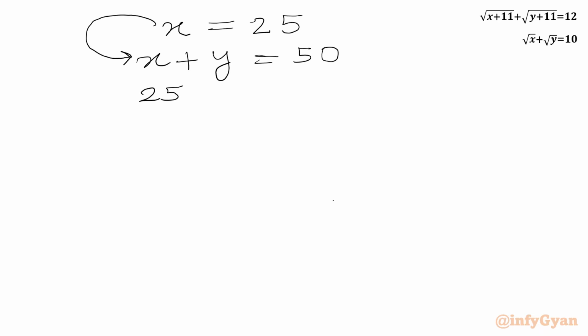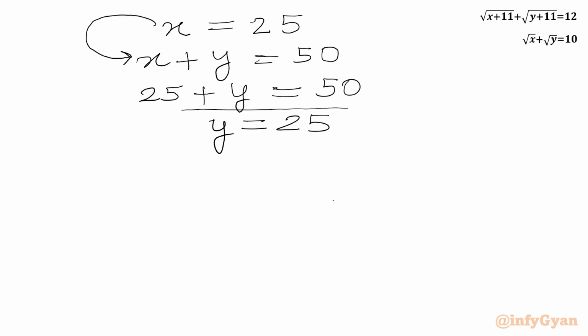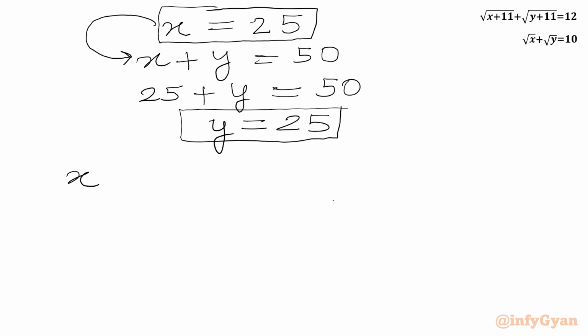So 25 plus y will be equal to 50. We will get our y value, 50 minus 25, which is 25. So we have x equal to 25. We have y equal to 25. So we can write our answer (x, y) equal to (25, 25).